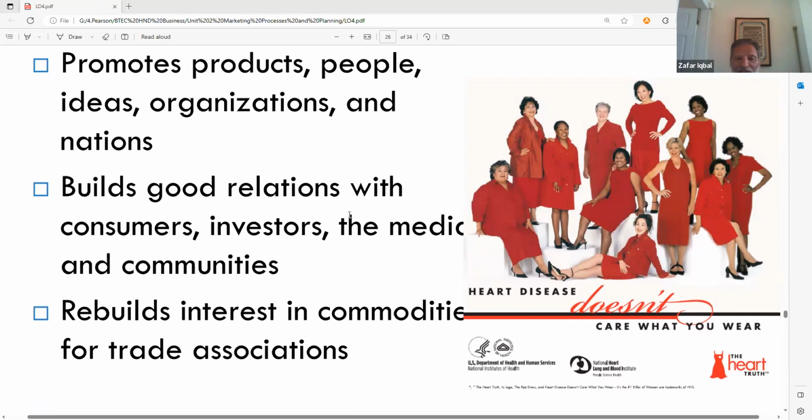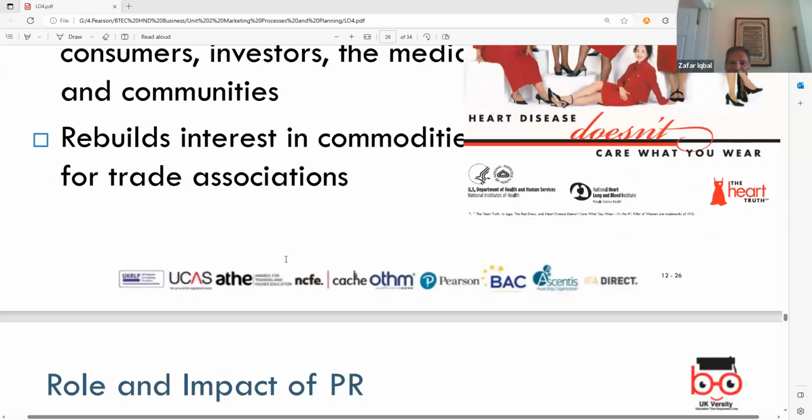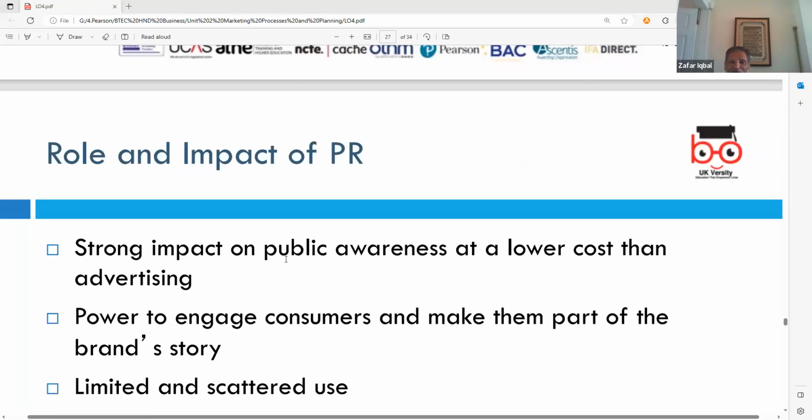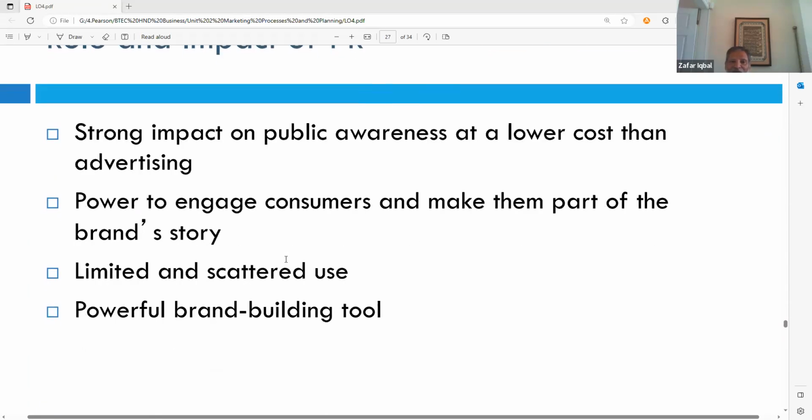So mainly it is to create awareness and to build up a relationship with your communities, and make sure that the PR creates a good relationship and good awareness. It has a strong impact on the public because it's cost effective.